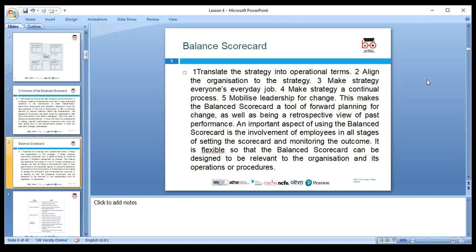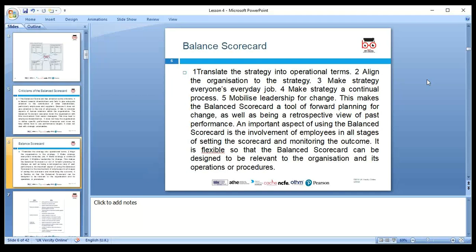So what does the balanced scorecard do? It aligns the organization's strategy, makes strategy everyone's everyday job, makes strategy a continuous process, and mobilizes the leadership for change. So this makes the balanced scorecard a tool for planning for change, as well as, of course, we can look at retrospective views about past performance.